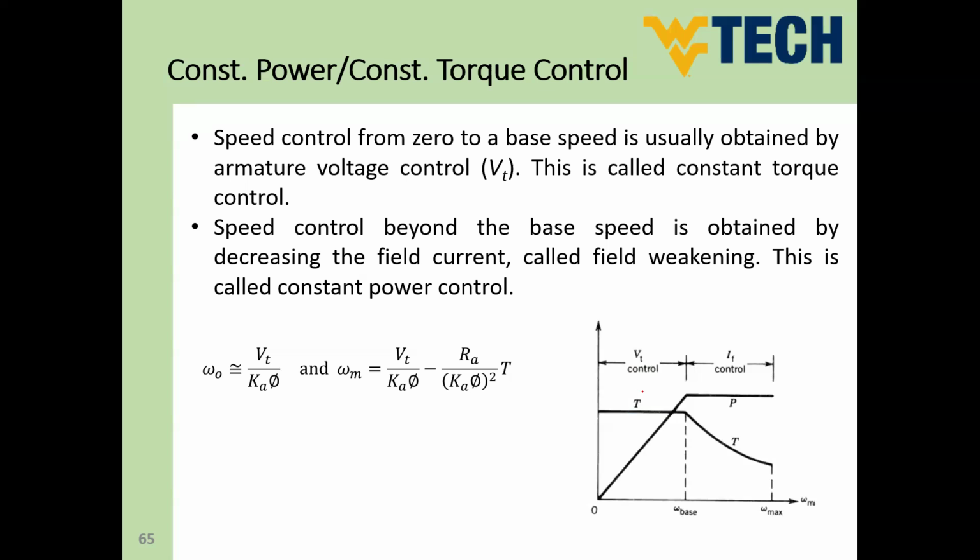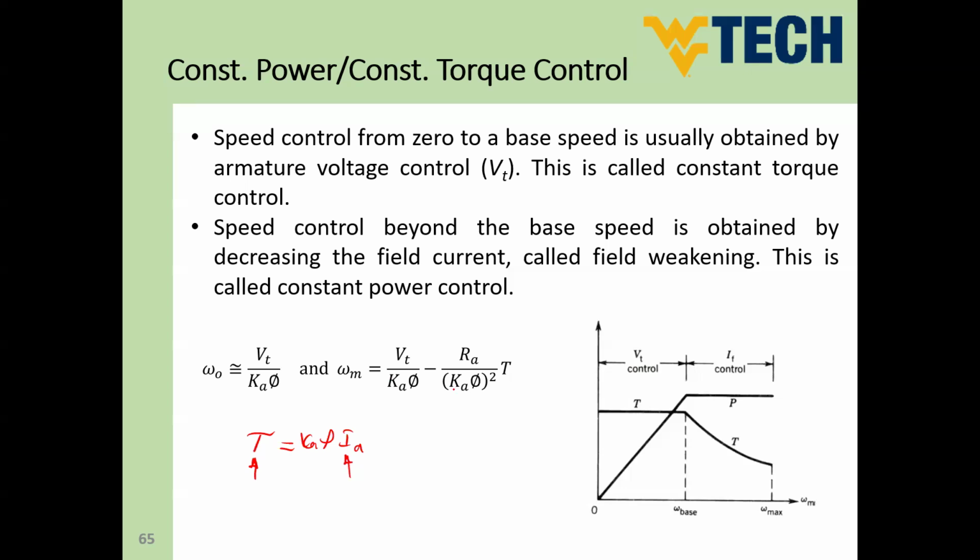So we can use constant current control to keep current constant. Constant current control means constant torque control, because you know that torque equals Ka phi times armature current. So if you would like to keep torque constant, you have to keep the multiplication of flux and current constant, and we will use constant flux in order to keep the armature current constant.